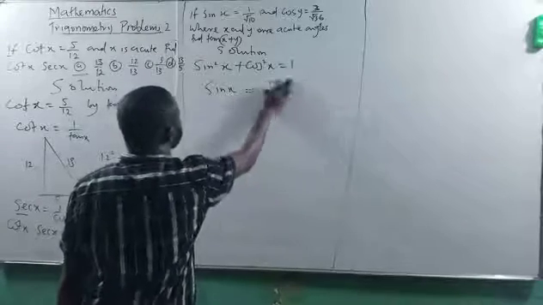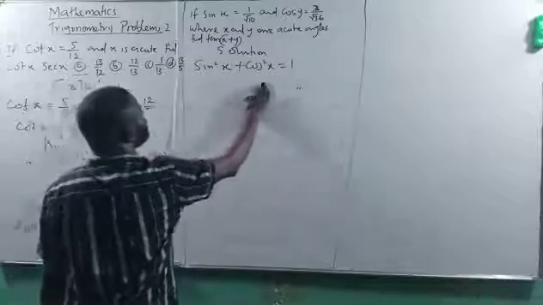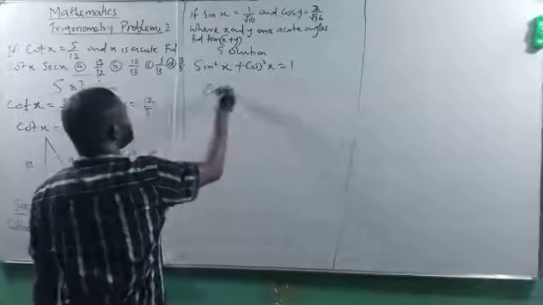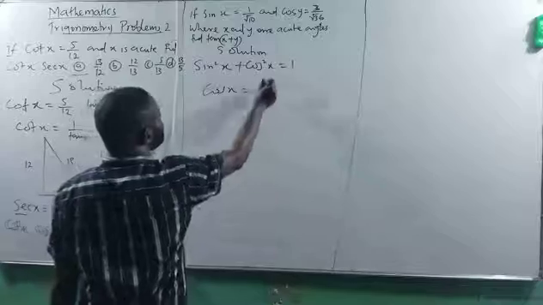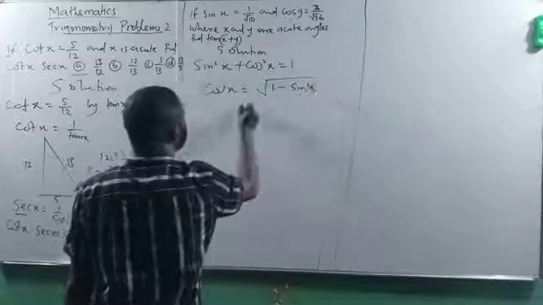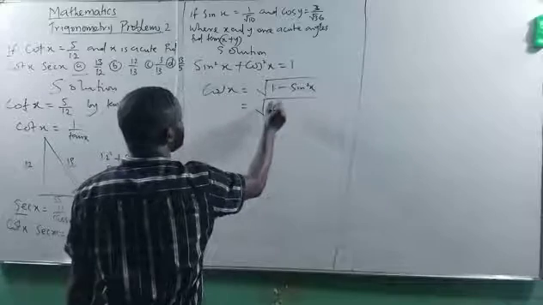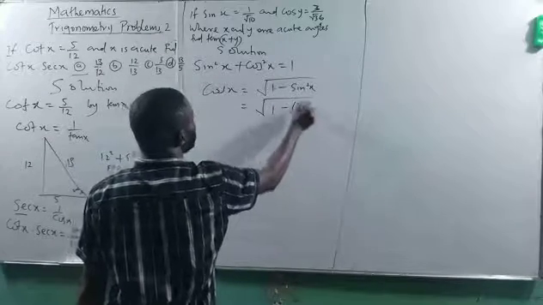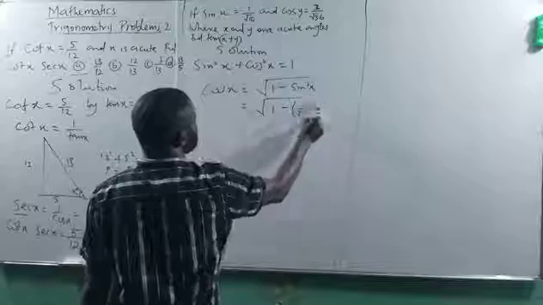Root of, sorry, I'm talking about cos this time around. My cos x will be equals to root of 1 minus sine square x, which will be root of 1 minus bracket of 1 all over root 10 all squared.